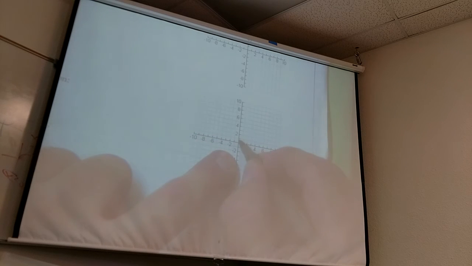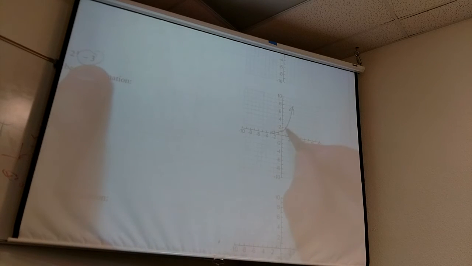So 2 to the x was this. There's 2 to the x. The -3 would take every point down 1, 2, 3. And the asymptote was at 0, so now the asymptote is at -3 because everything goes down 3.